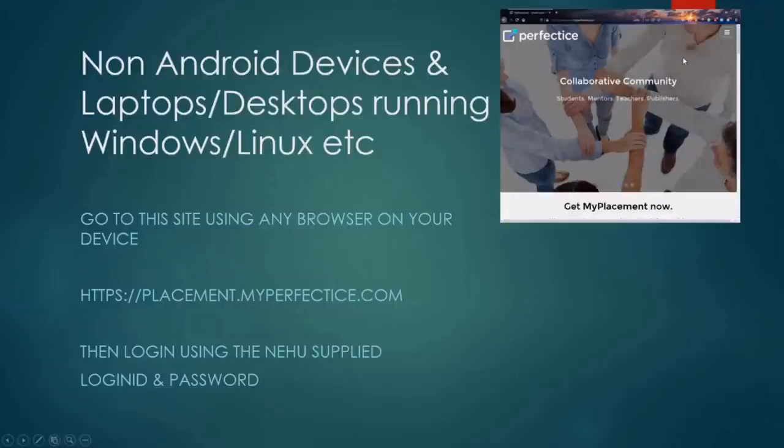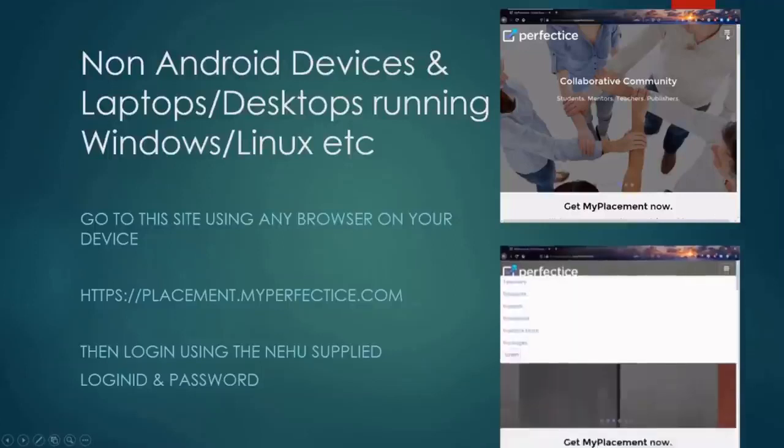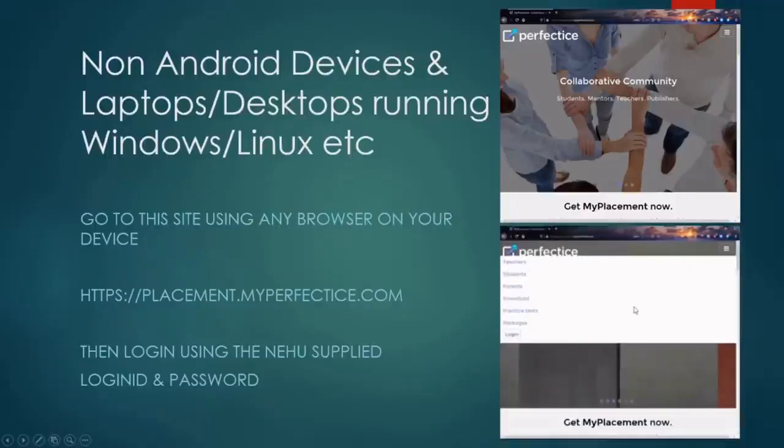Now, on some devices where the resolution is high, on the top right of the home page, you will not see this icon. You will straight away see a login box. So you will click that. On some devices, you will see this box with 3 lines. You will click that. Once you click that, a drop-down menu will appear.